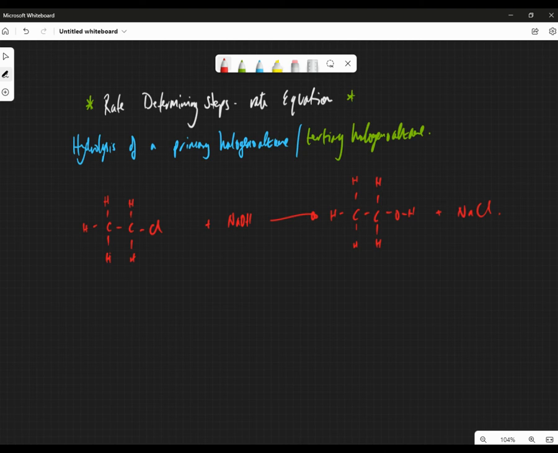So what's going on? If you remember your chemistry, let's draw the mechanism. I know you know all of this, but hopefully it will help. First of all, we have to draw our charges, so that's delta positive, delta negative. Our nucleophile is the OH minus ion with its negative charge.